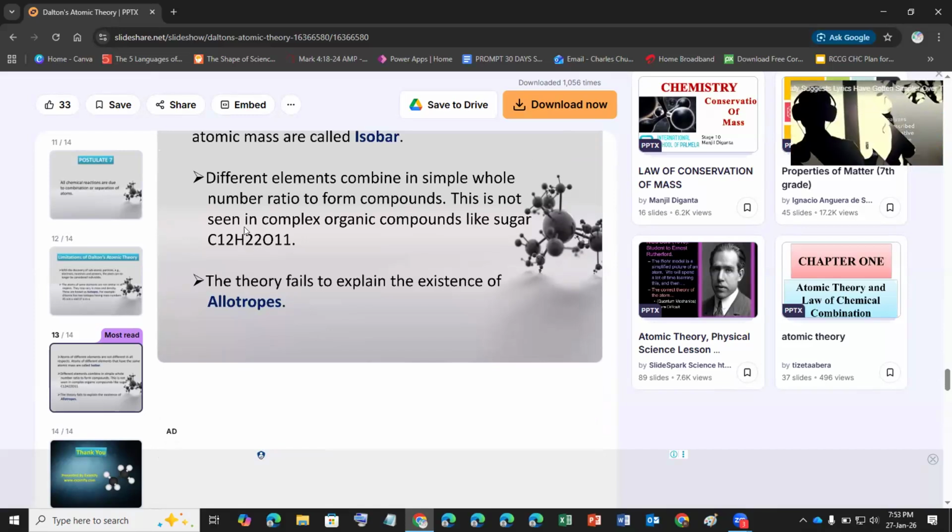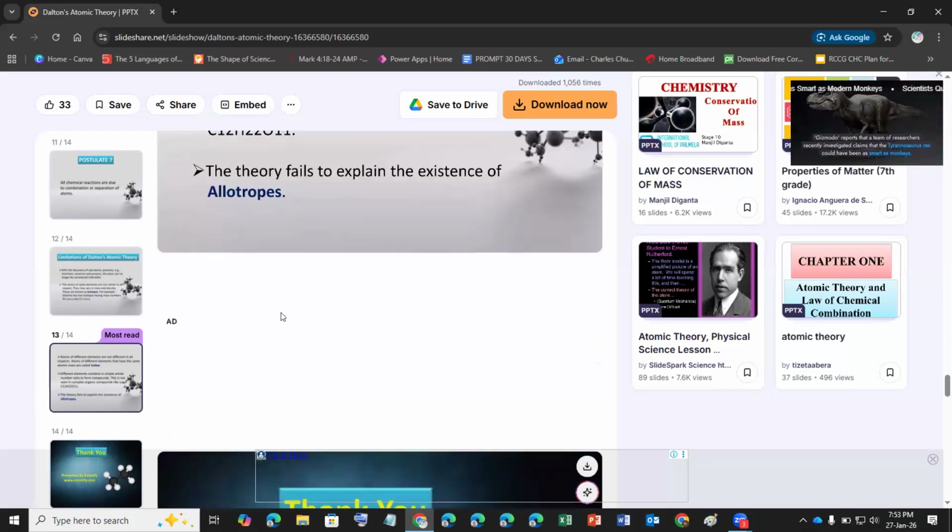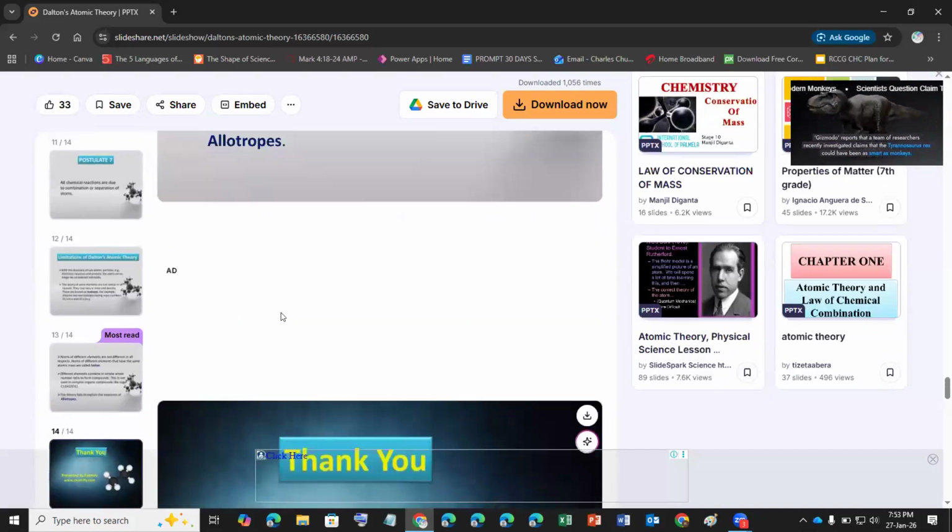There are some exceptions, but you don't need to worry about those exceptions. They are not really considered under inorganic chemistry, which is the area where you are. And finally, the theory fails to explain the existence of allotropes. Do you have any questions on this so far?